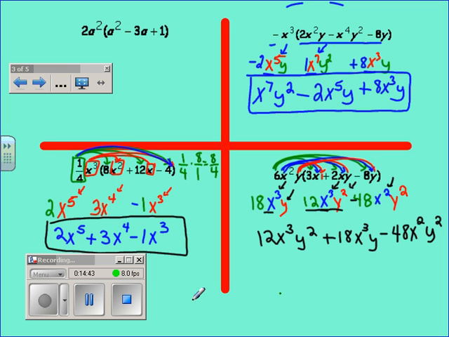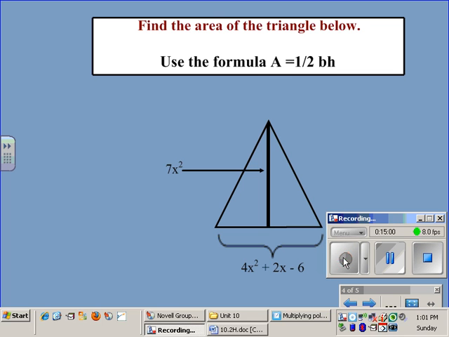Be very careful with these negatives that you don't forget to change that to a negative. So here's my answer: 12x cubed y squared plus 18x cubed y minus 48x squared y squared.